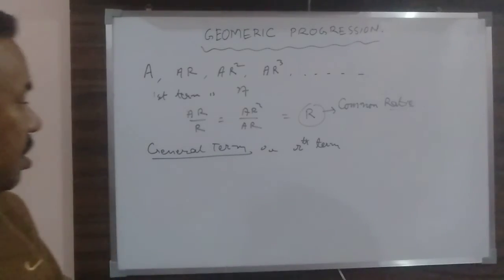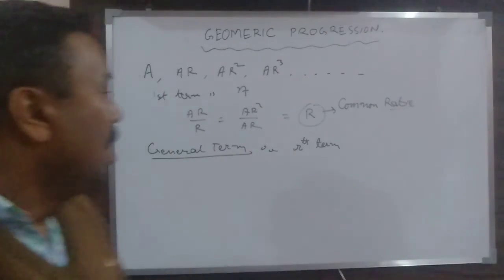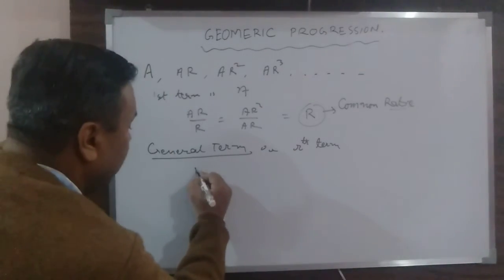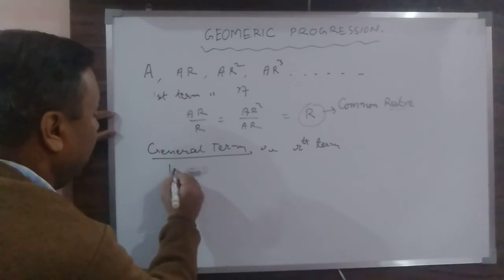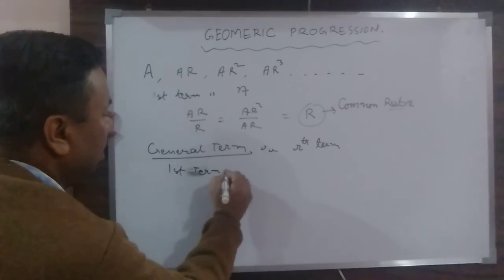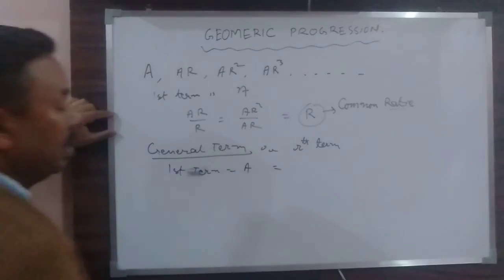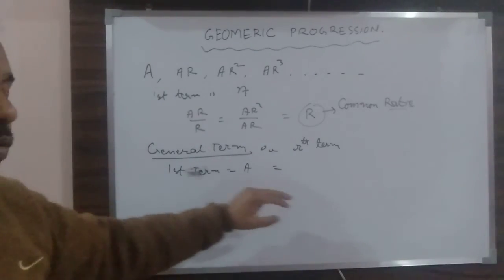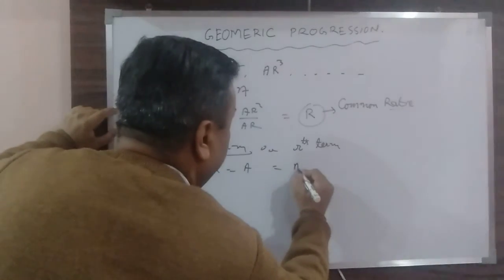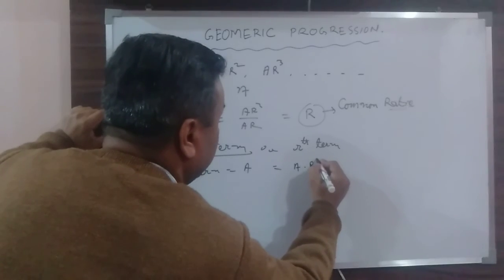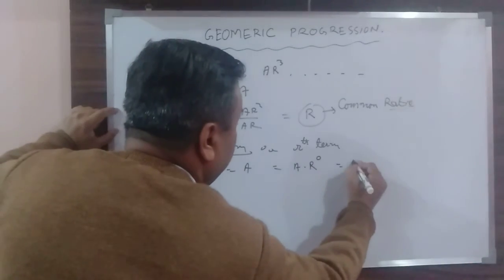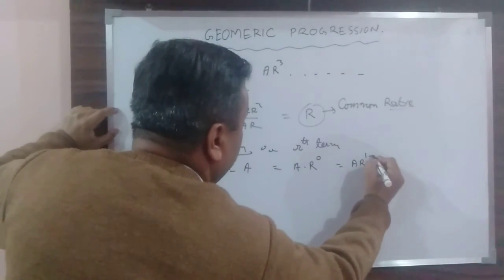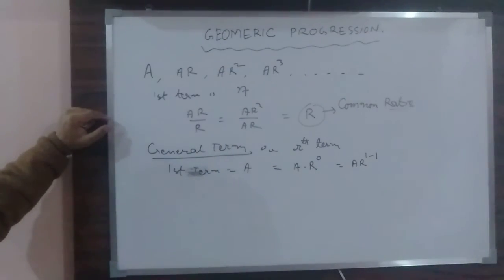Just see, the first term is a, and this is equal to what? I can write it as a multiplied by r raised to the power 0, or I can say a r raised to the power 1 minus 1.